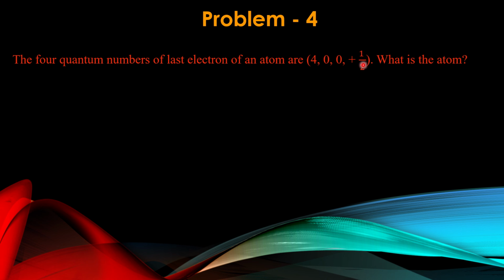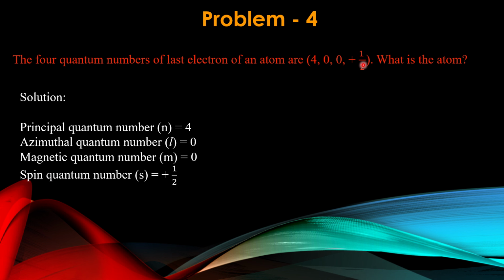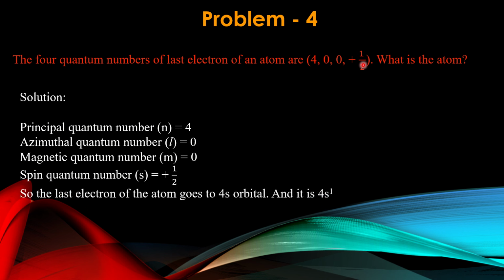So the last electron of that atom is 4s1. Look, principal quantum number n equals 4, azimuthal quantum number L equals 0, magnetic quantum number m equals 0, and spin quantum number s equals +1/2. So the last electron of the atom goes to the 4s orbital and it is 4s1.